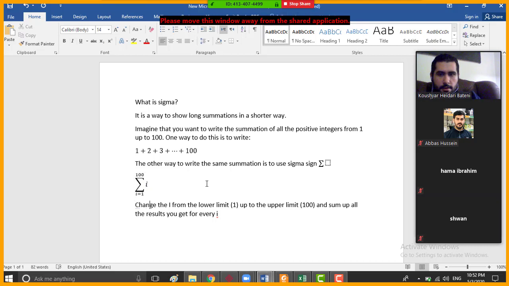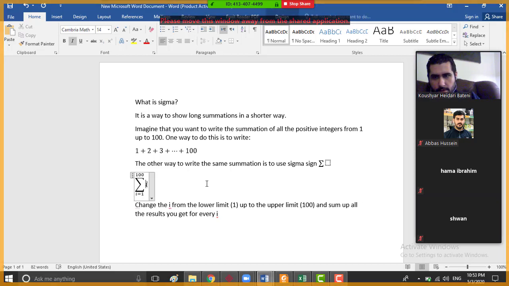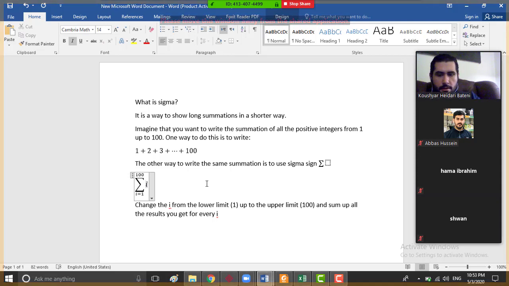So what does this sigma sign say? It says change the i. Or here I might have any function of i, f of i.